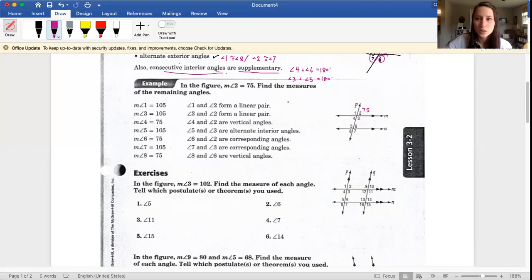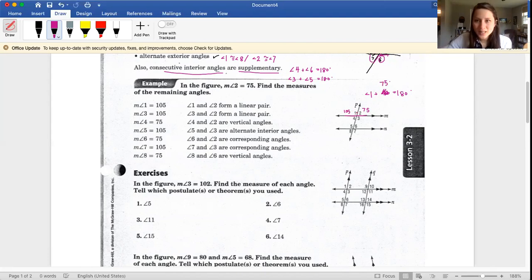Angle 1 and angle 2 form a linear pair, which means angle 1 plus angle 2 has to be 180 degrees, right? If I know angle 2 is 75, I can replace angle 2 with 75 degrees. Angle 1 plus 75 equals 180 degrees. Then I subtract 75 from 180, and I find that angle 1 is 105.